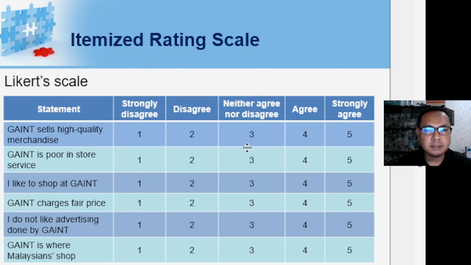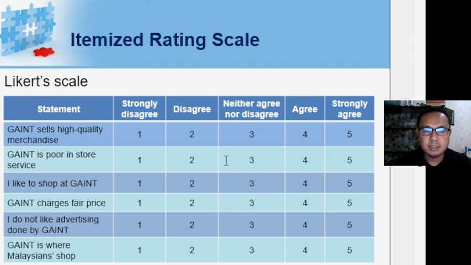This is the itemized rating scale, quite popular for questionnaire instruments, where a respondent is required to pick from 1 to 5, or 1 to 7.